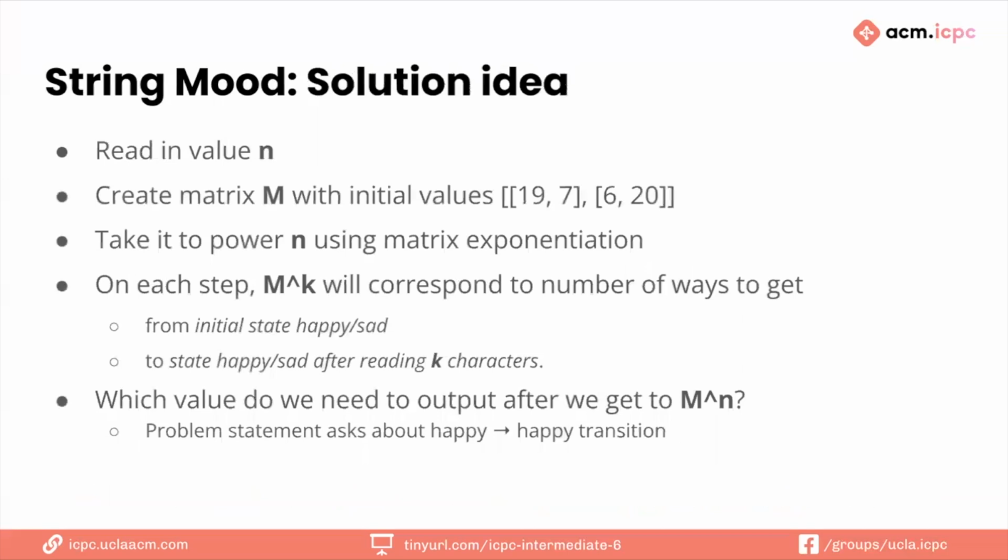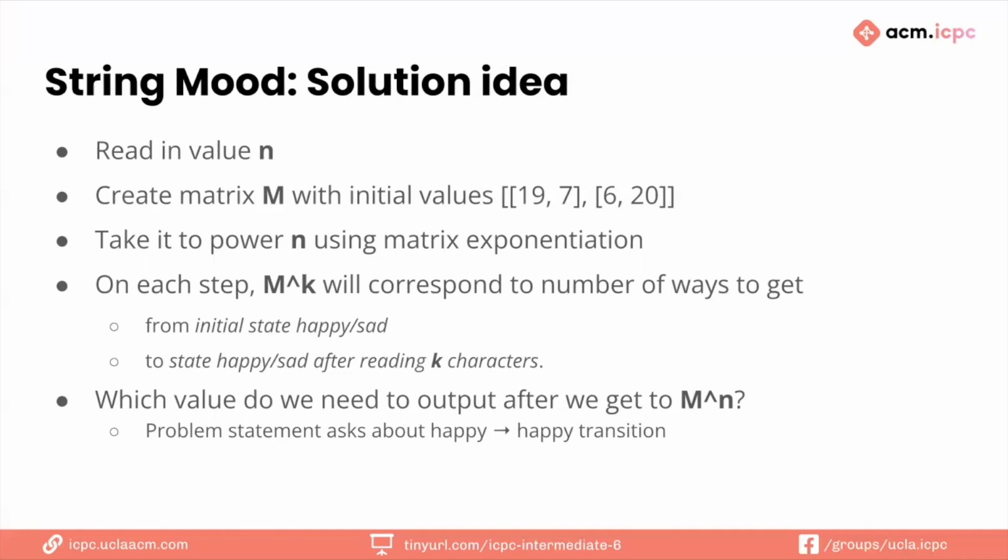So this leads us to a pretty straightforward solution idea. We read in the value n, the length of the string we are considering. We create matrix M with initial values 19, 7, 6, 20.